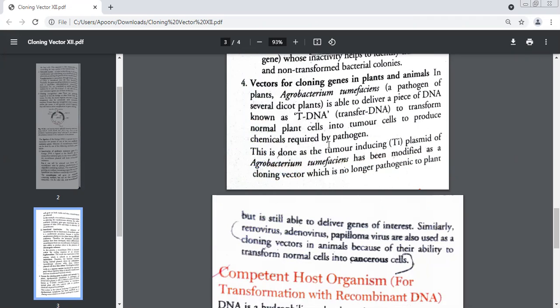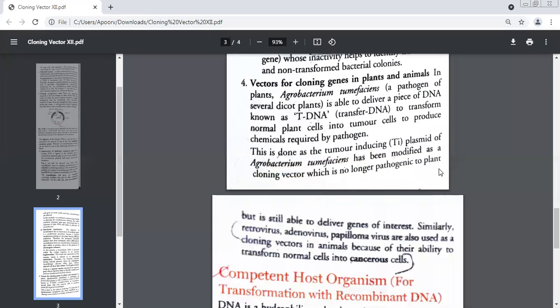This is done with tumor-inducing plasmids, TI plasmids. We take this TI plasmid from Agrobacterium tumefaciens. This is a cloning vector.